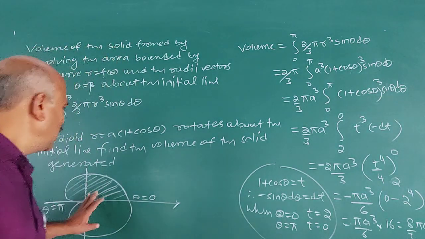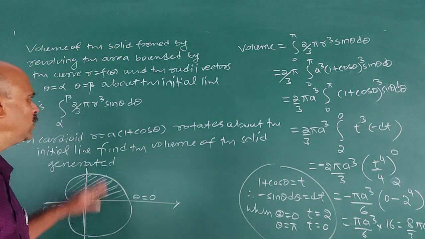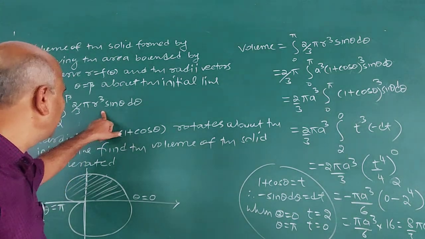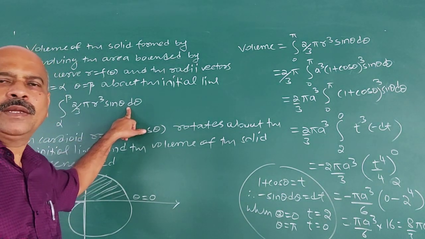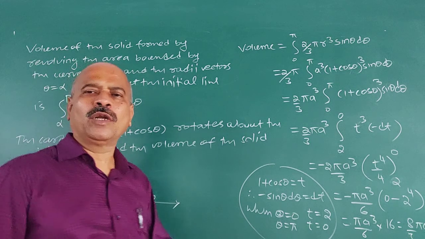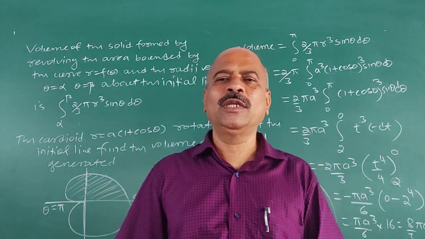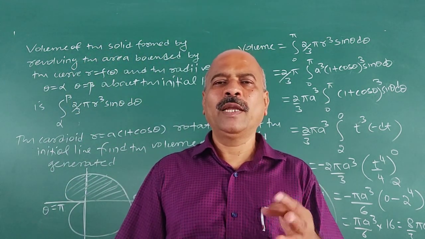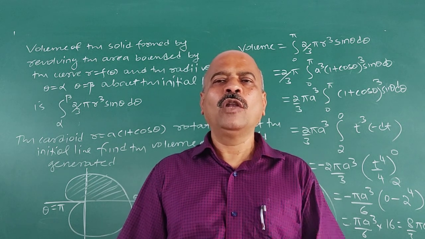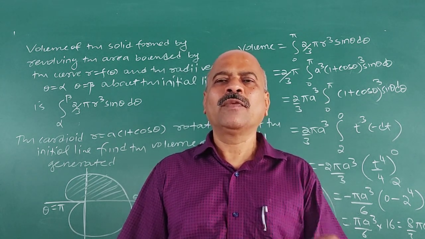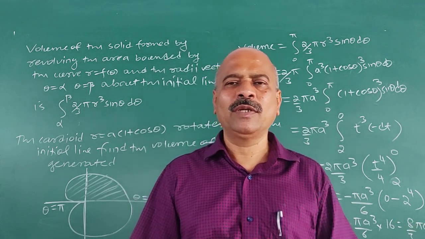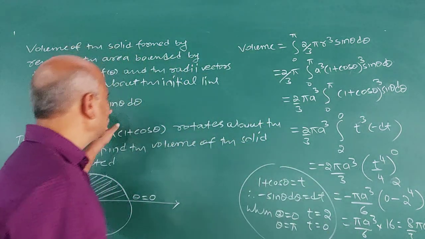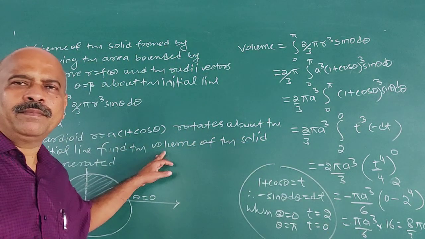So for the application, you should know the formula first: 2 by 3 pi r cube sin theta. We have different formulas here: for quadrature, one formula, the area; one formula for the length of the arc; one for the volume of revolution; and surface of revolution, one more application is left. That is for Cartesian, parametric, polar.